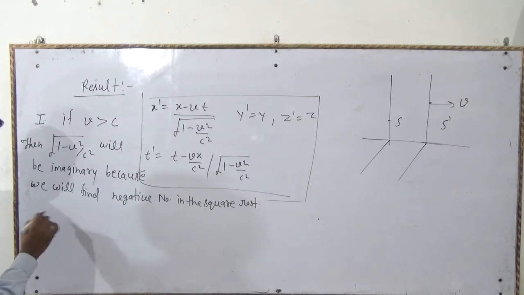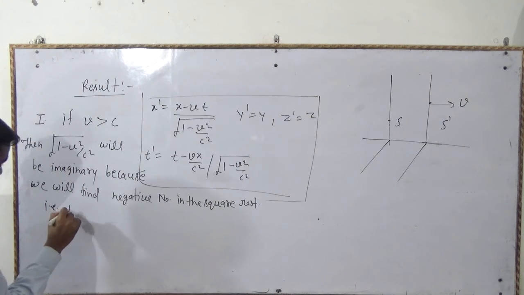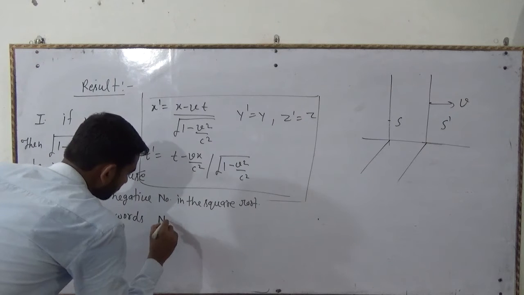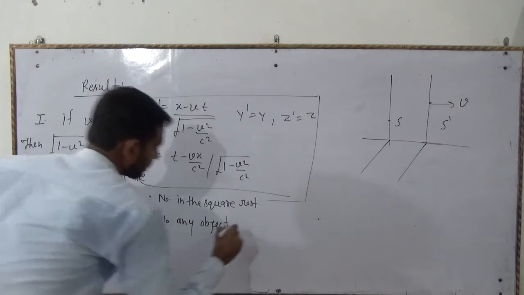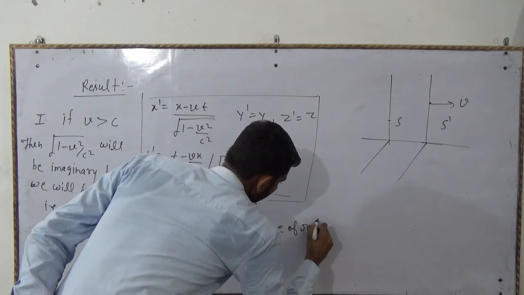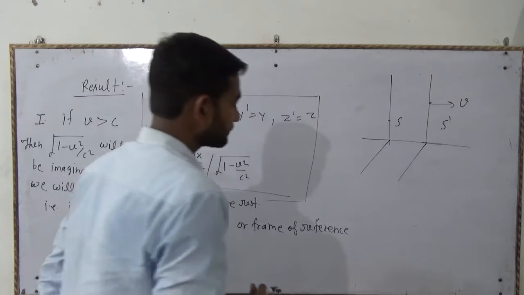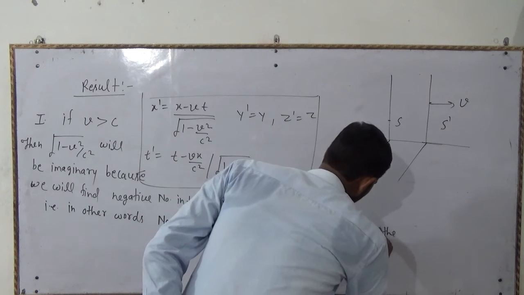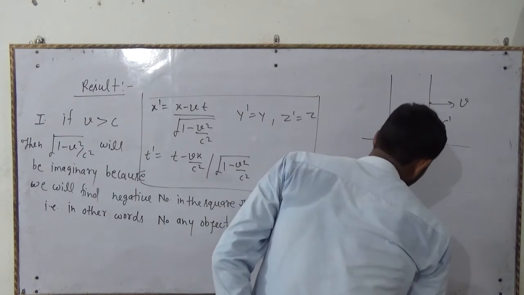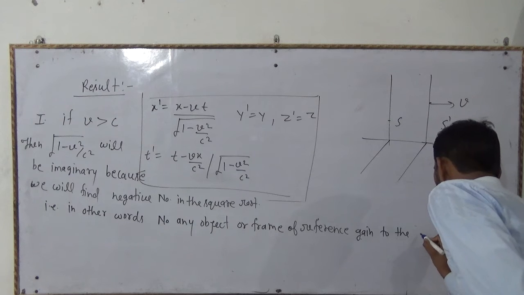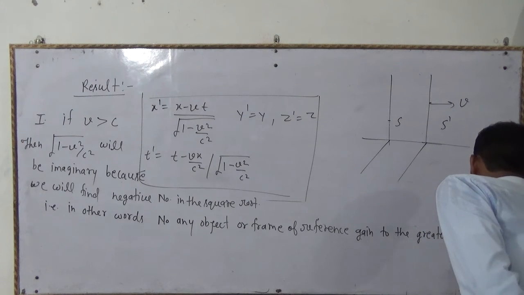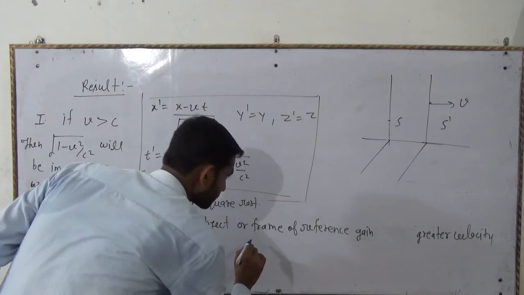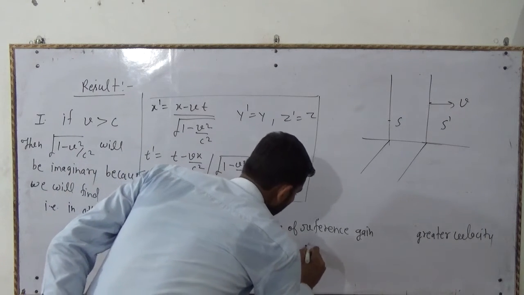In other words, no object or frame of reference can gain a velocity greater than the speed of light.